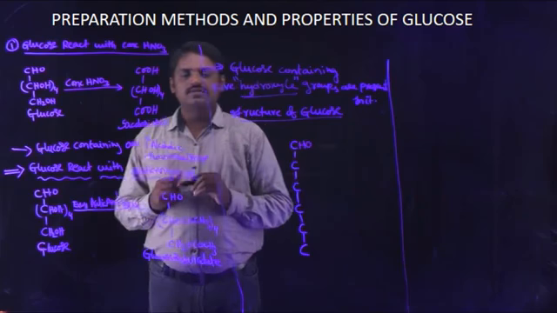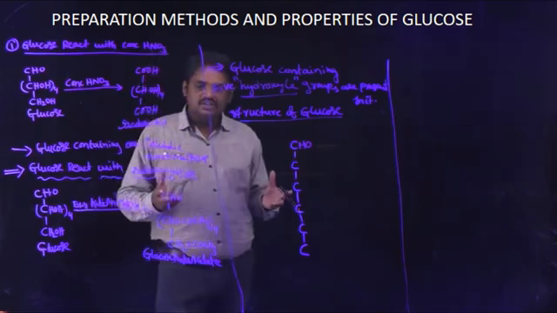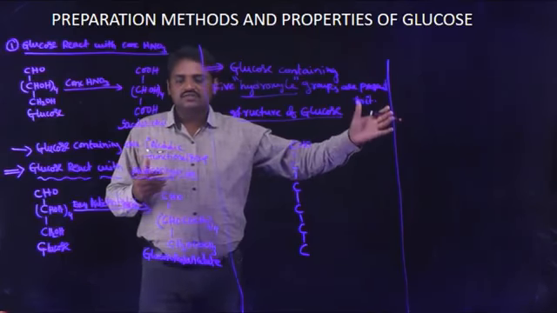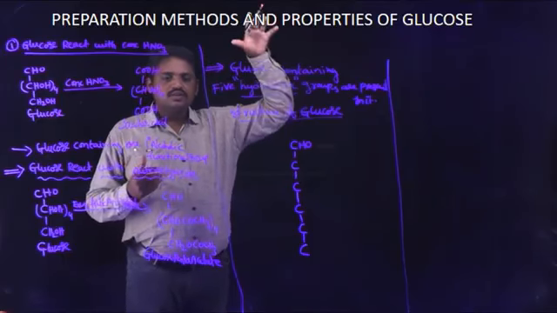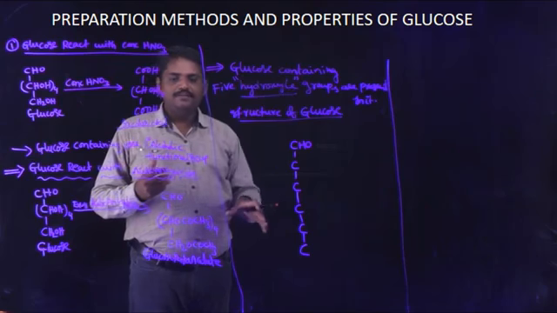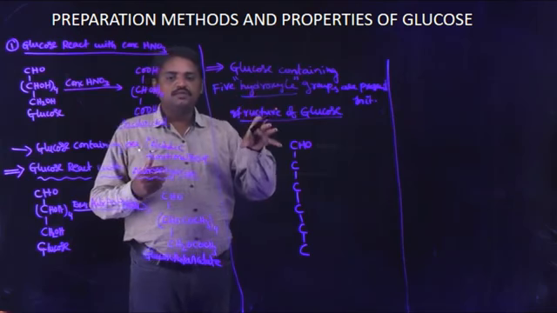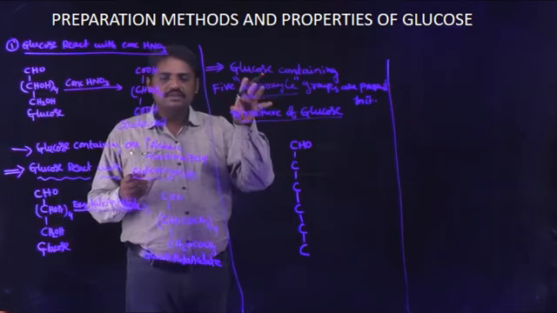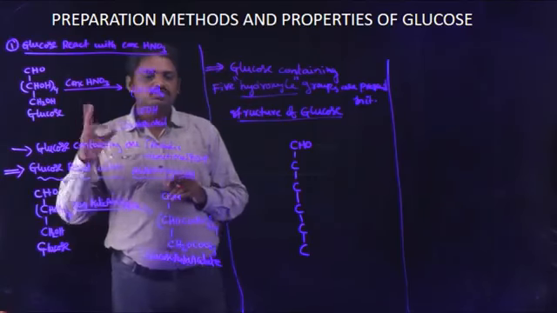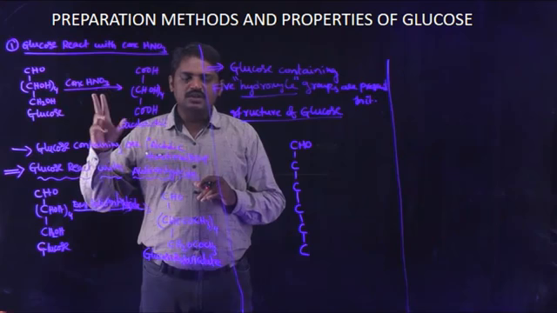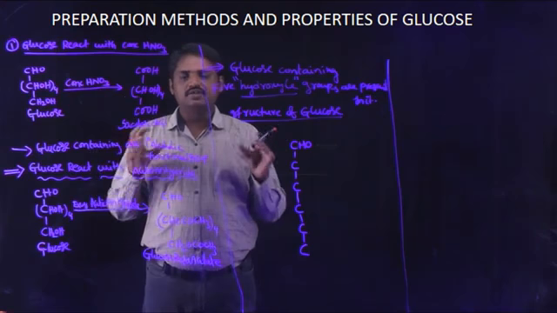It also reacts with hydrogen cyanide and is converted to cyanohydrin. That reaction is also used to identify that the given glucose structure contains a free aldehyde group. So the first carbon involves an aldehyde. These two reactions are based on the first carbon in glucose containing one aldehyde group.